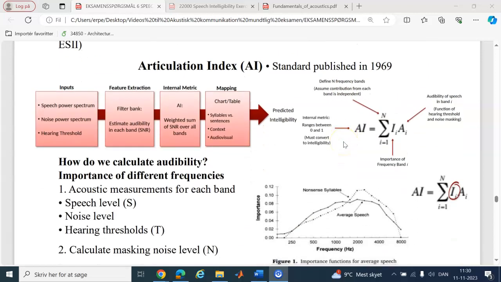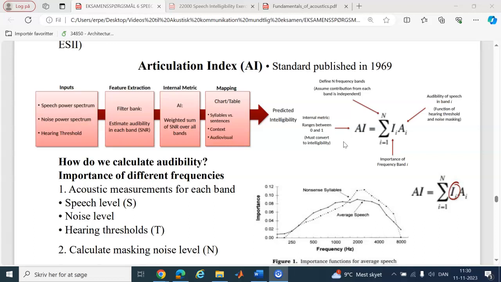Okay, we start with articulation index, AI. And shortly, how do we calculate it? Audibility. Importance of different frequencies. Acoustic measurements for each band.